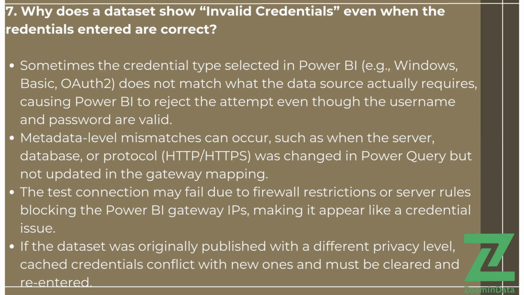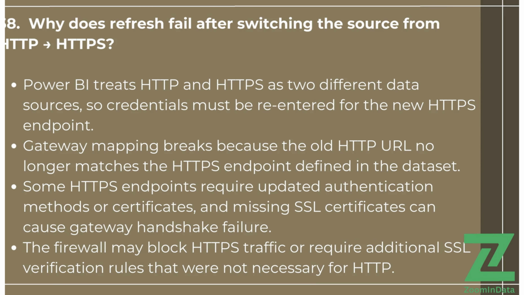Metadata level mismatches can occur, such as when the server, database, or protocol, HTTP or HTTPS, was changed in Power Query but not updated in the gateway mapping. The test connection may fail due to firewall restrictions or server rules blocking the Power BI gateway IPs, making it appear like a credential issue. If the dataset was originally published with a different privacy level, cached credentials conflict with new ones and must be cleared and re-entered.